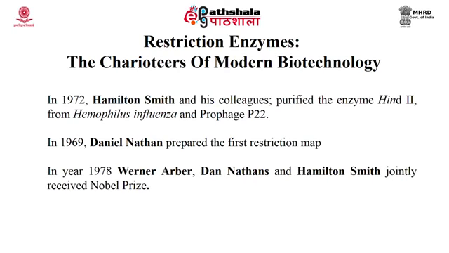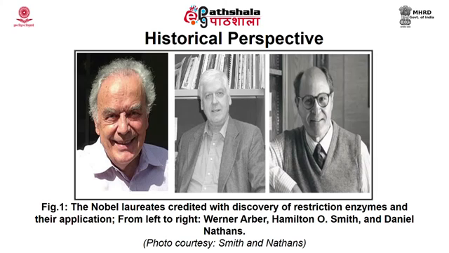In 1978, Werner Arber, Dan Nathans and Hamilton Smith jointly received the Nobel Prize for the discovery of restriction enzymes and their application to problems of molecular genetics.